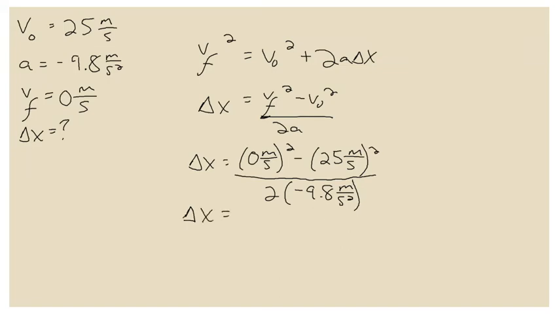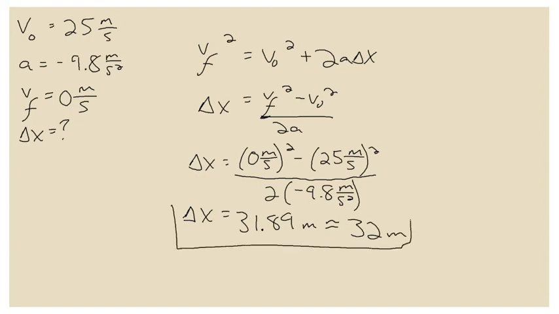And so when you divide those numbers, you get 31.8877551, which we'll call 31.89 meters. But because the number given in the problem is given to 2 sig figs, that's 25 meters per second, we'll go ahead and call this 32 meters.